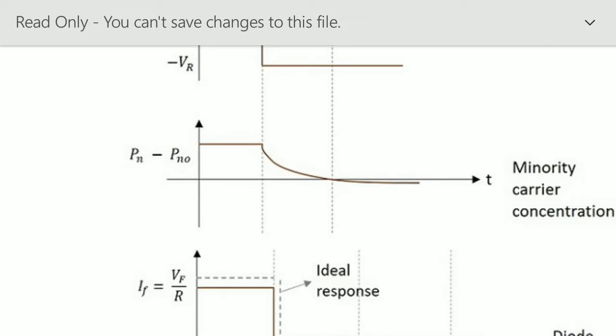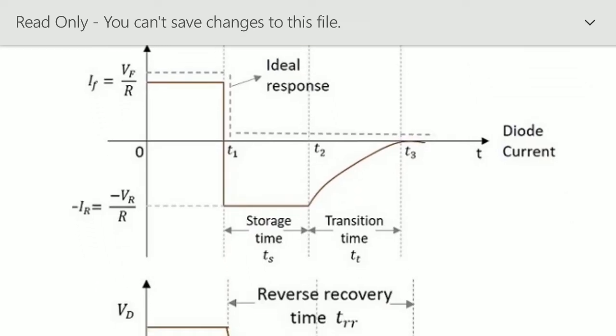So what is forward recovery time? From reverse bias to forward bias, the time the diode takes to reach the steady state value is called the forward recovery time. What about reverse recovery time? It is the addition of the storage time and the transition time, known as the reverse recovery time, TRR.